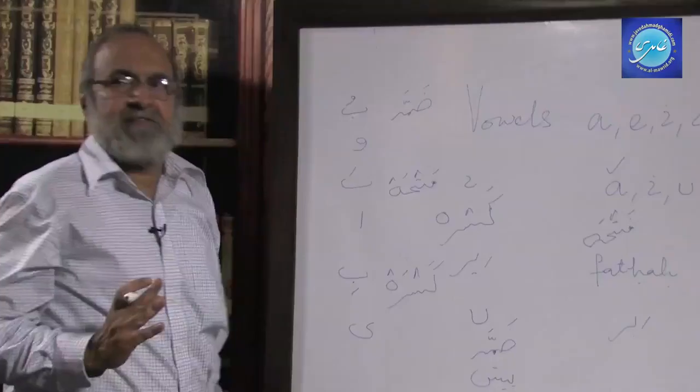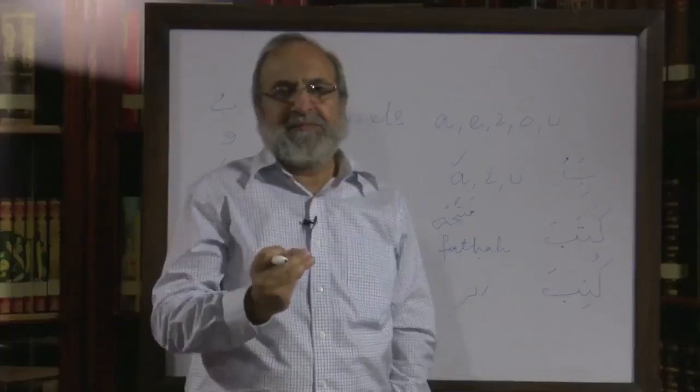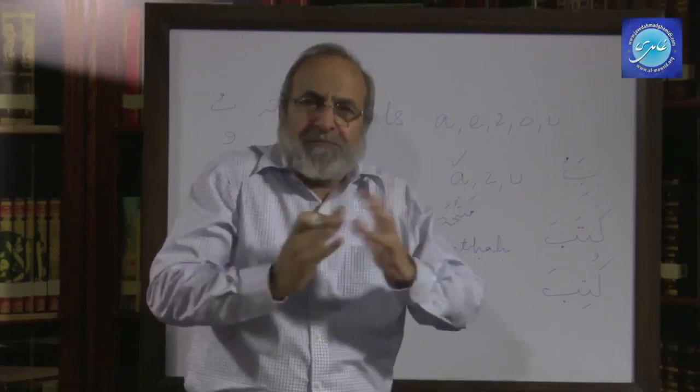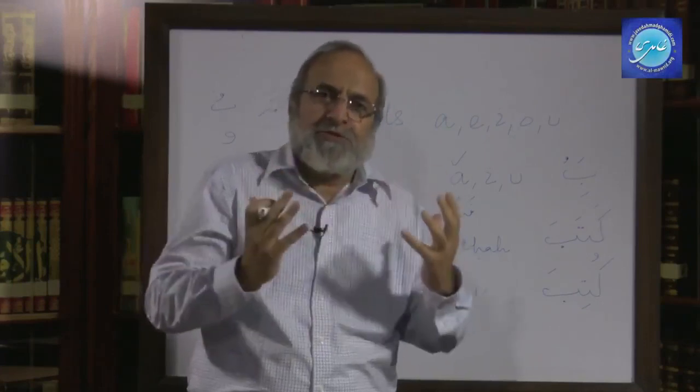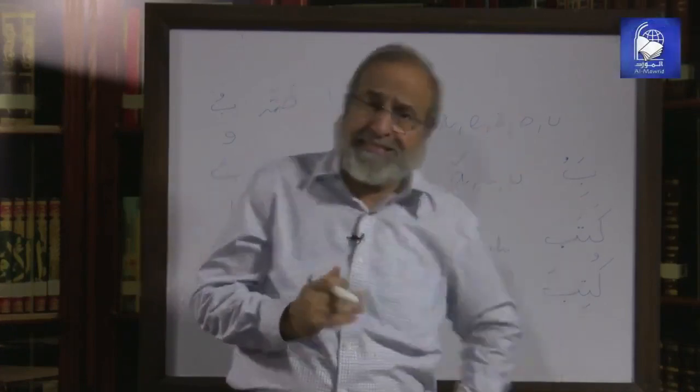You will always have in Arabic words a vowel appearing with one of these three letters, but only the one in close association with it as far as its sound is concerned.